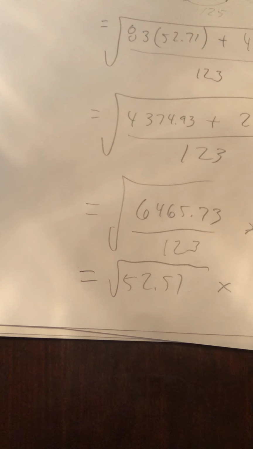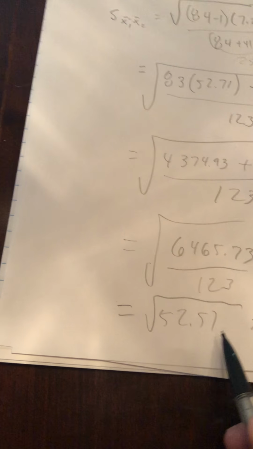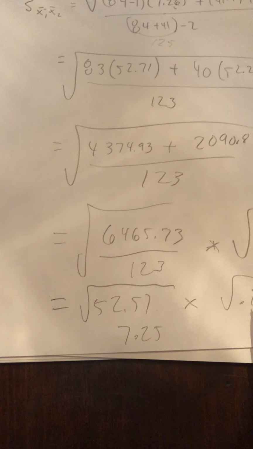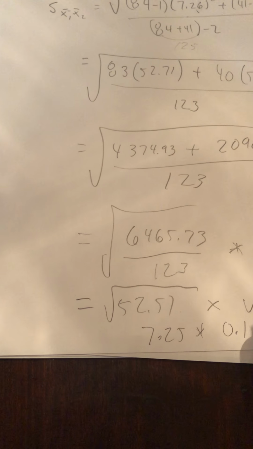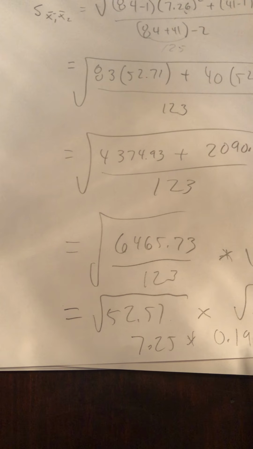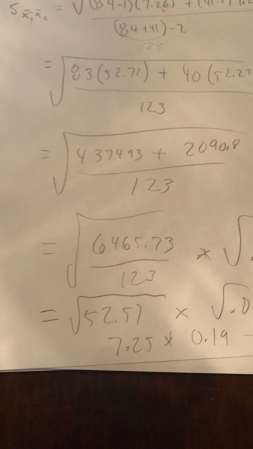When you take the square root of 52.57, you get 7.25. Square root of 0.036 is going to be 0.19. 7.25 times 0.19 gives you a value of 1.38.